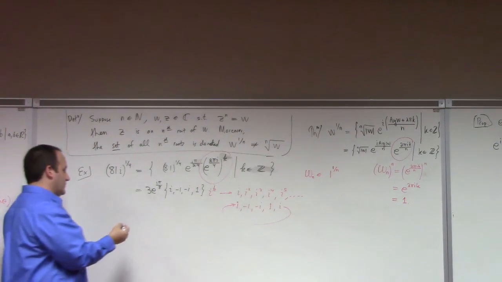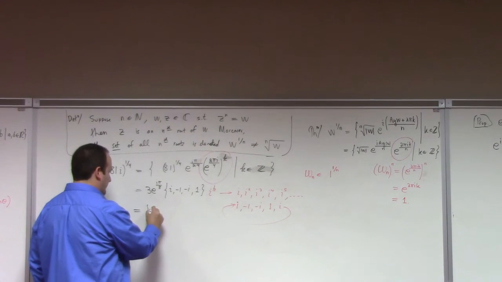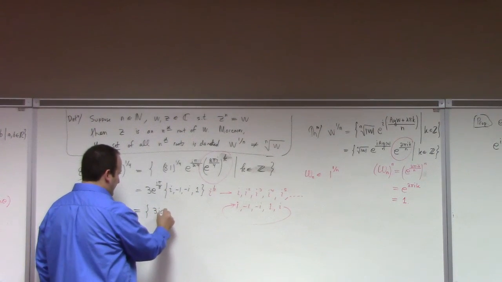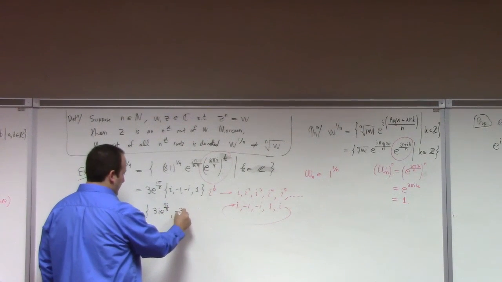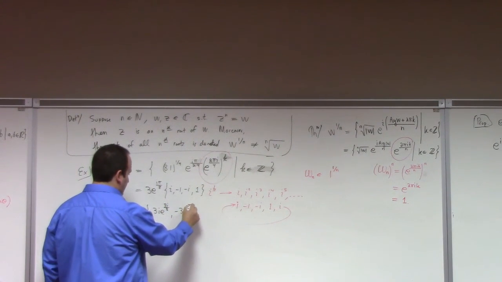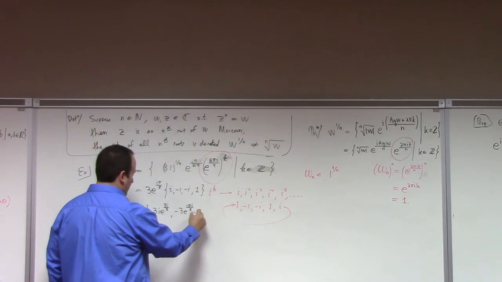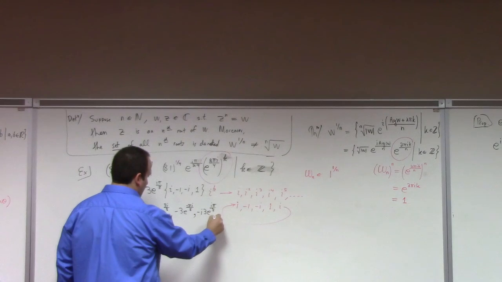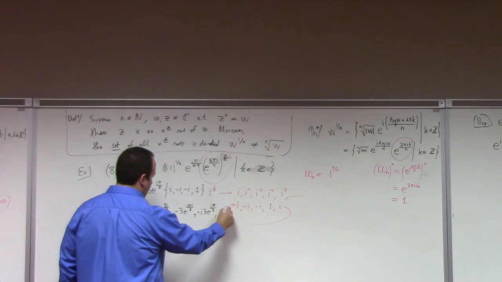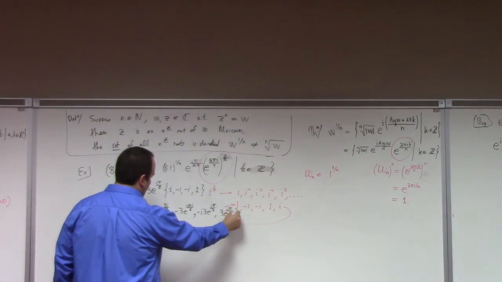Or, if you want me to suffer the writing of everything, that's 3i e to the pi i over 8, minus 3e to the i pi over 8, minus i times 3e to the i pi over 8, and then finally just 3e to the i pi over 8.